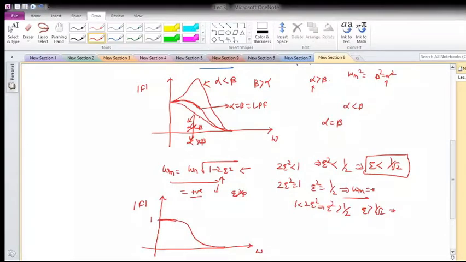When zeta is greater than 2, then something like this, there is no maxima at all. This is for zeta equal to 1 by root 2, and let me draw for zeta less than 1 by root 2. In this situation you will get a response like this.